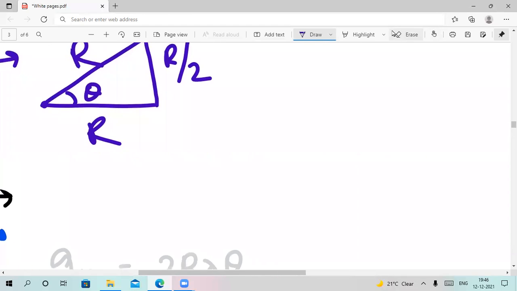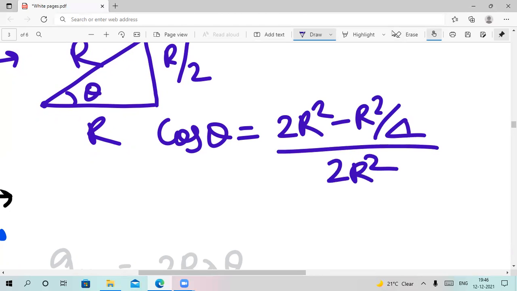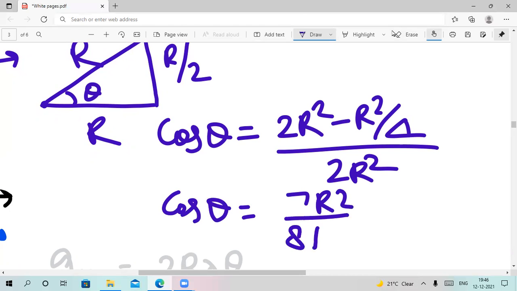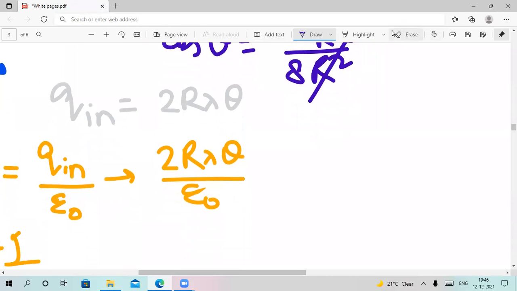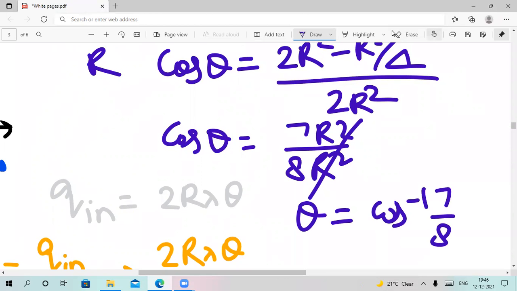So moving ahead, applying cos theta, it will be 2r squared minus r squared by 4 divided by 2 times r squared. It will be cos theta equal to 7r squared by 8r squared, r squared will cancel each other out. And hence the value of theta that we have gotten here is cos inverse of 7 divided by 8.